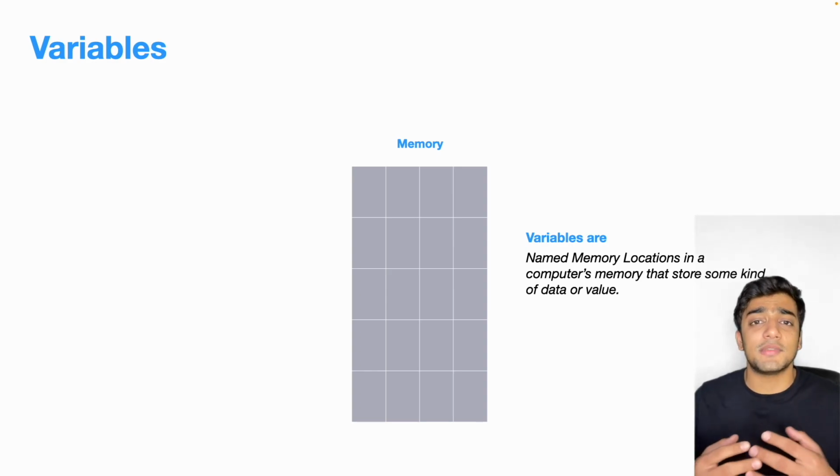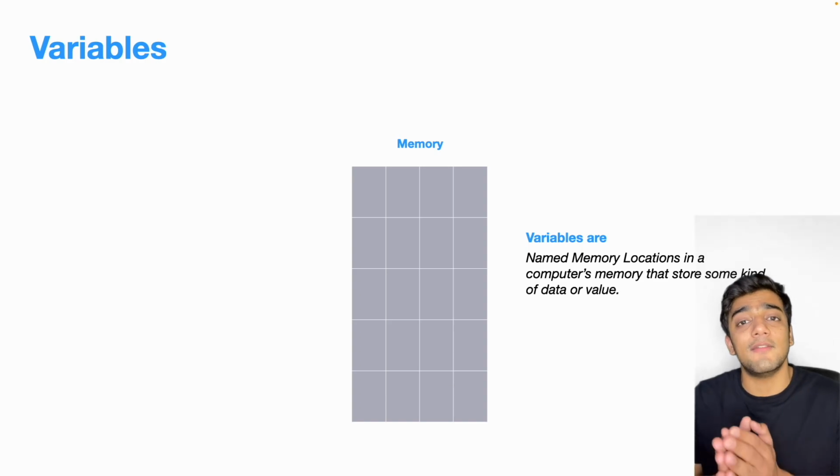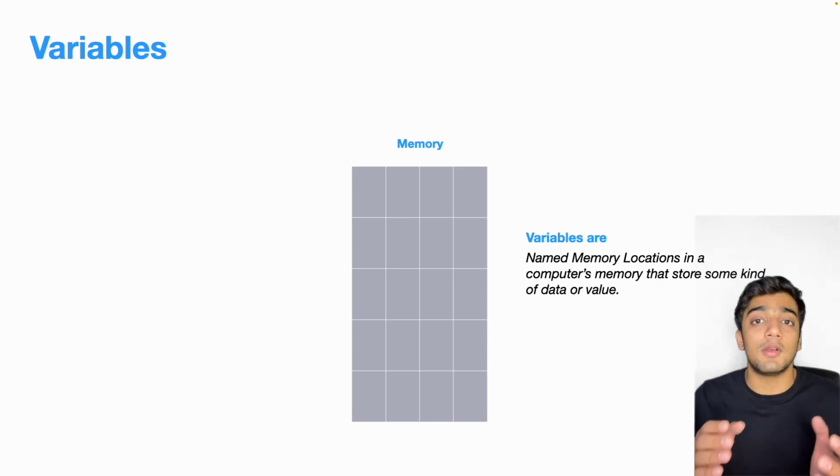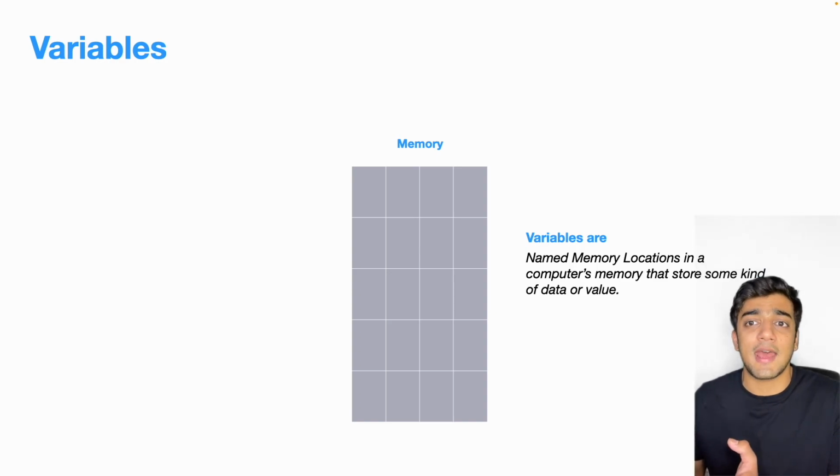And just as the name suggests, variable, that means that the value inside a variable can vary or change over time. So a variable can hold different types of values. Let's say you've got a box in your closet that's called shoes and you always store shoes in it. But now you want to use that box to store something else, maybe scarves, right?